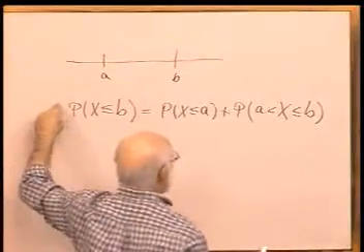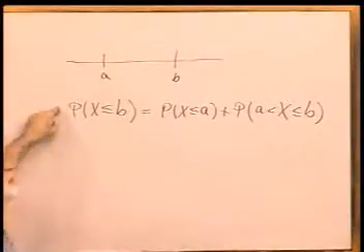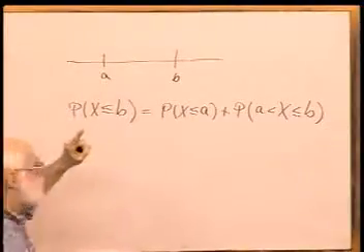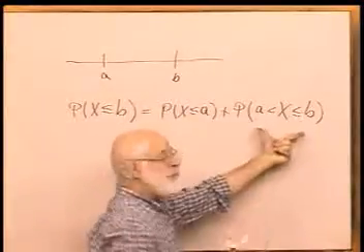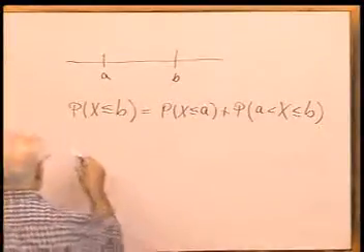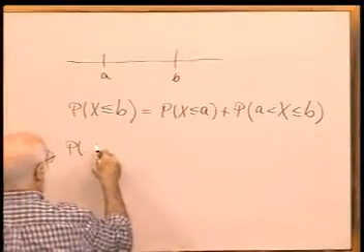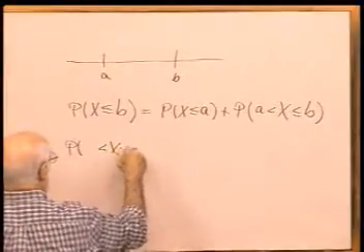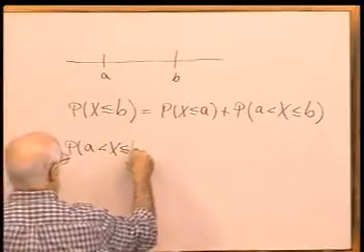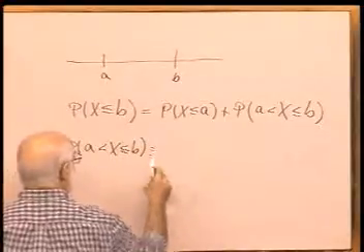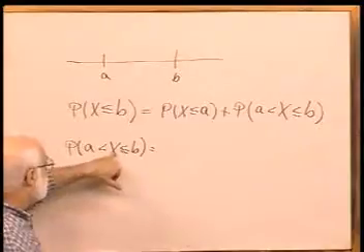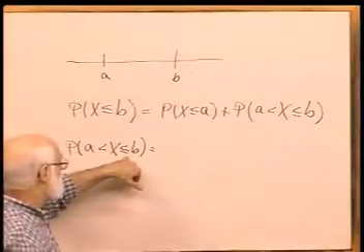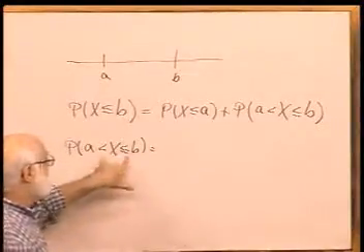So now, we know that if the random variable is continuous, the probability that it equals any specific value is 0, but I can still calculate the probability that it lies in a specific interval. So the question is, what's the probability that X lies between A and B? At the moment, there's a little asymmetry here because I have a less than sign here and a less than or equal to sign here, but it turns out that's not important.